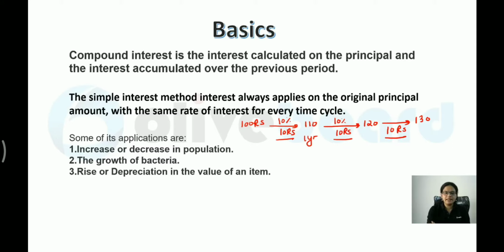So the simple interest every year would be the same, right? What I have done is calculate 10% of the principal. 10% of the principal is 10 rupees, and that 10 rupees would be added every year to calculate the simple interest. Are you getting it?